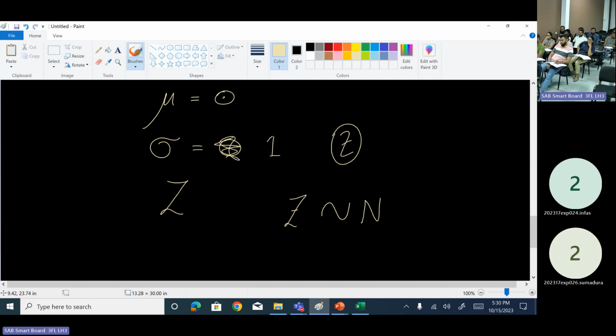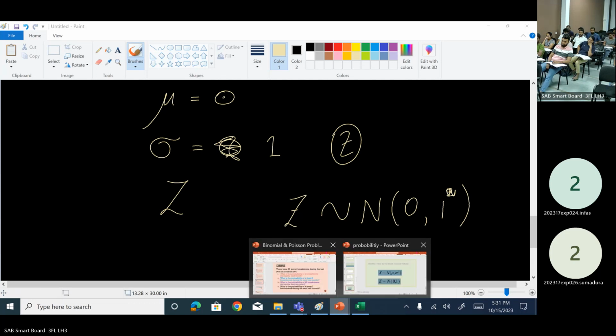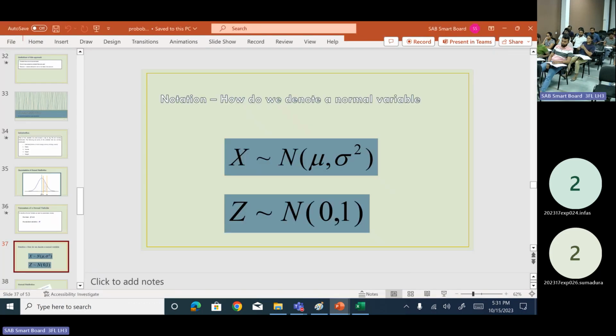Mean is 0, standard deviation is 1. So Z follows normal with mean 0 and standard deviation 1. Here we write sigma square, 1 square, but 1 square is 1. We just write Z follows N(0, 1).